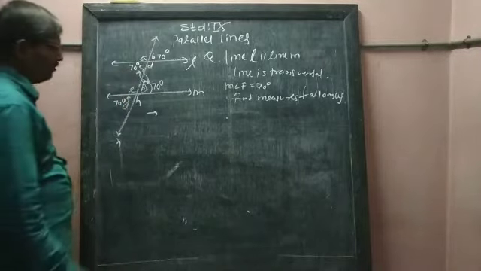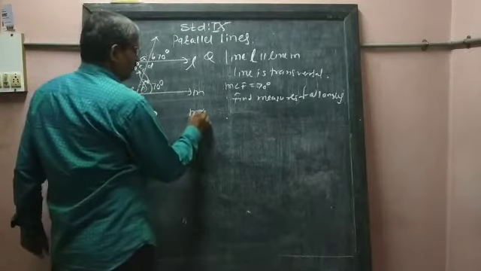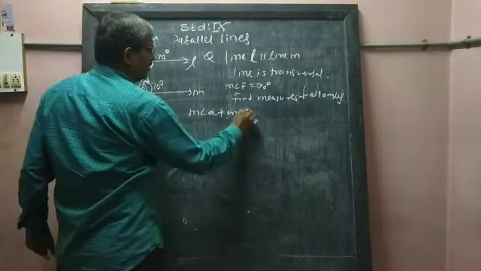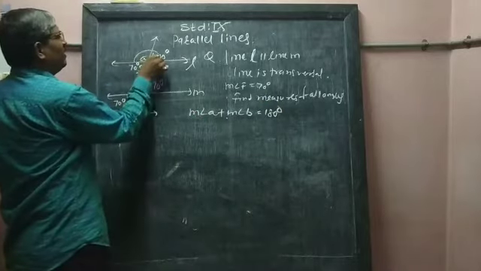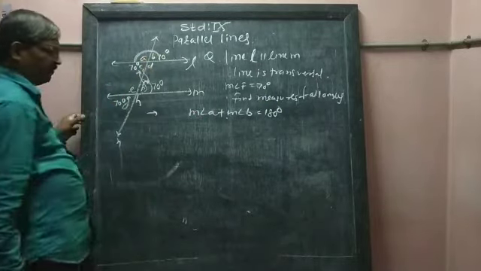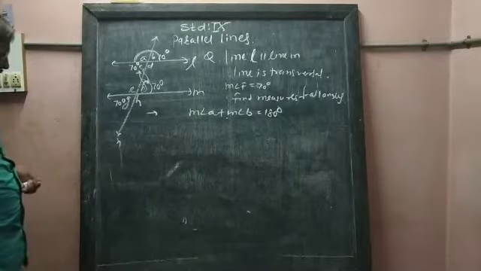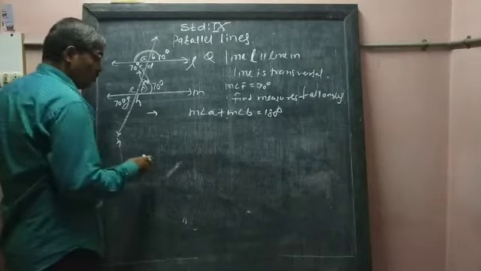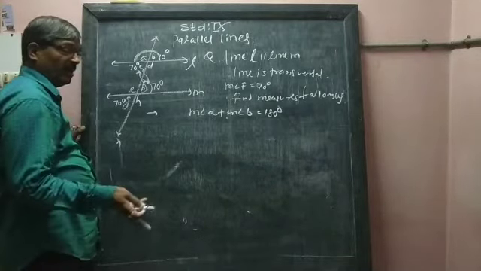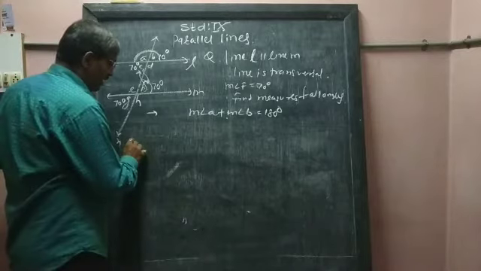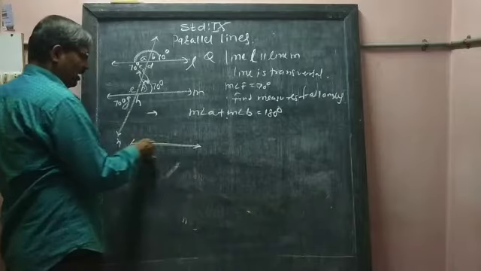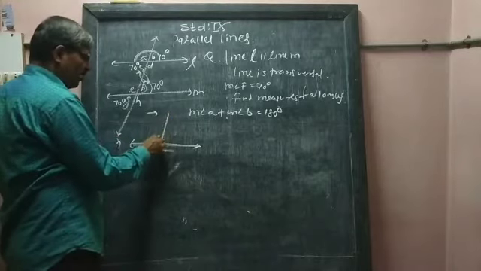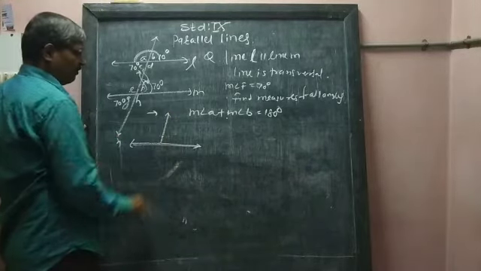So measure of angle A plus measure of angle B is 180 degrees. These are angles in linear pair. Many times you are getting confused: to whom should we say angles in linear pair? So I will tell you that in a linear pair, there is one single line in which there is one common side or common arm.